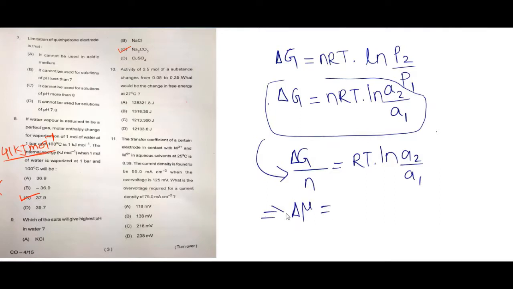In another question or upcoming exams, it may ask for the change in chemical potential when this many moles of a substance change in activity from this much to this much. Use the same formula, but just take the n from the right side to the left side. The formula is the same, ln A2 by A1.